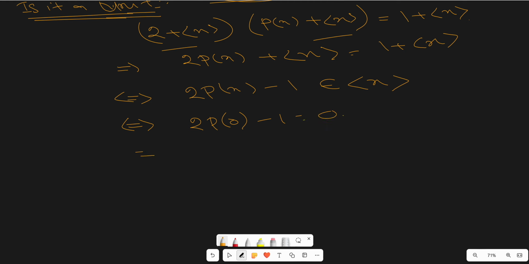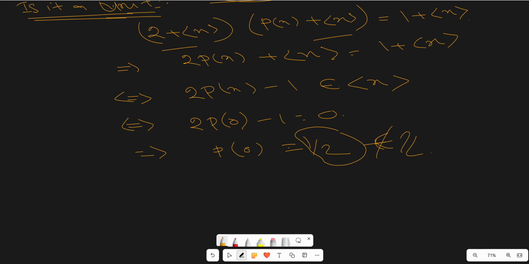This will imply that p(0) is 1/2. So can there be a polynomial that takes a half value? That means this is a fraction, not inside the integers.